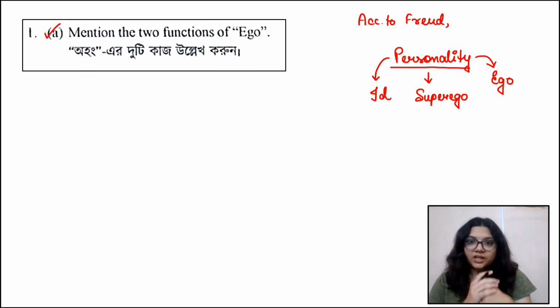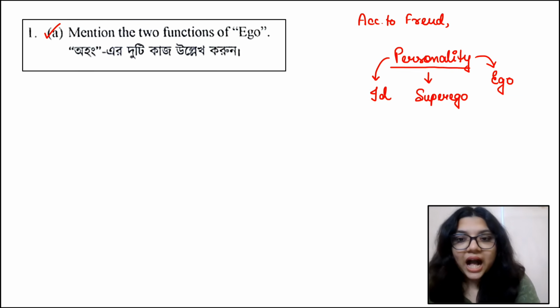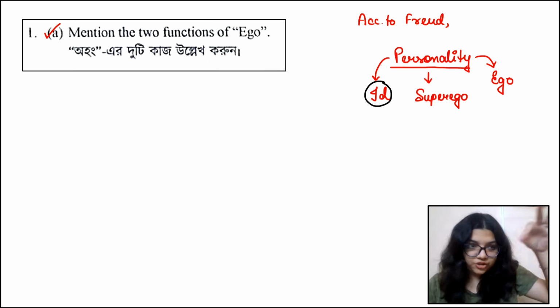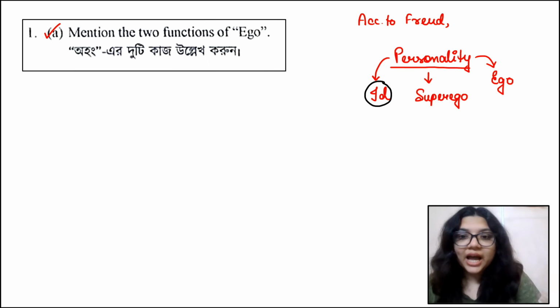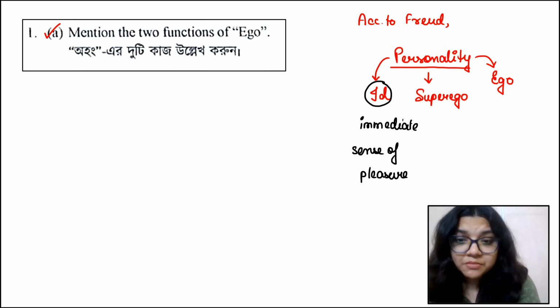Say a friend in class brings a nice good pen, a very nice pen. Now, ID is that I want it just now, right? So ID refers to the immediate sense of pleasure or satisfaction, right? That is immediately, right now, I would need it.